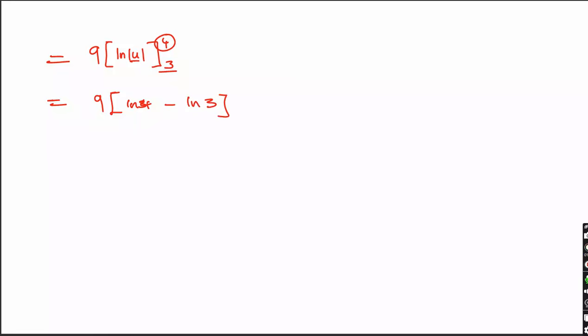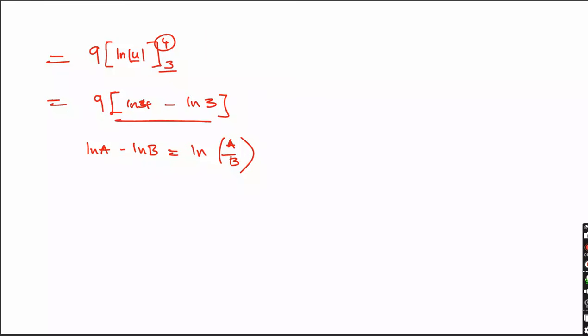If you can remember what we did in semester 1, when you have ln A minus ln B, when you are subtracting logarithms, you are going to have ln A over B. If you are adding, we used to multiply.